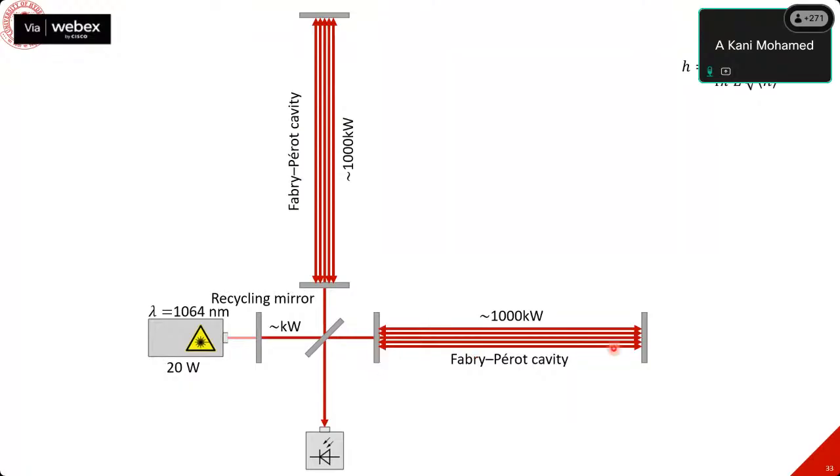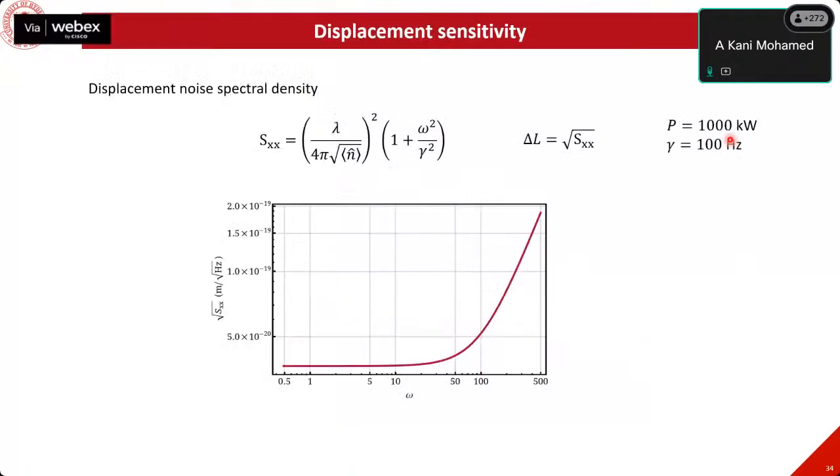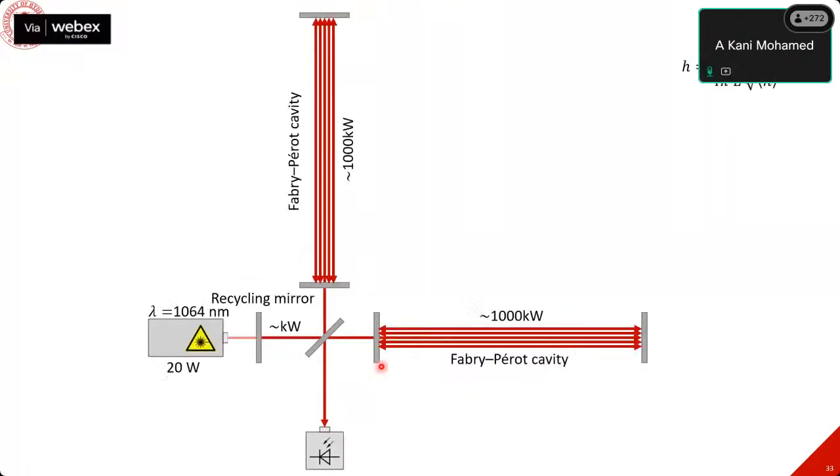These mirrors are high quality mirrors, and the loss rate is just hundreds of hertz. The frequency that we use is like 10 to the power 15 hertz. If you compare to that number, this is extremely small.